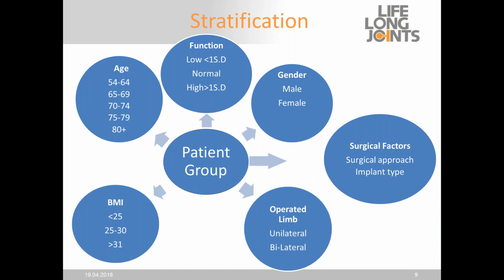But we also wanted to split our patient cohort into different biomechanical characteristics as well. So how were our patients functioning and what are the differences? Because if we remember back to the preclinical testing, we observed that it is representative of one hip replacement patient at best. What we want to do is explore the differences between total hip replacement patients. And we also stratified our patients through different surgical factors such as the approach and the implant type.